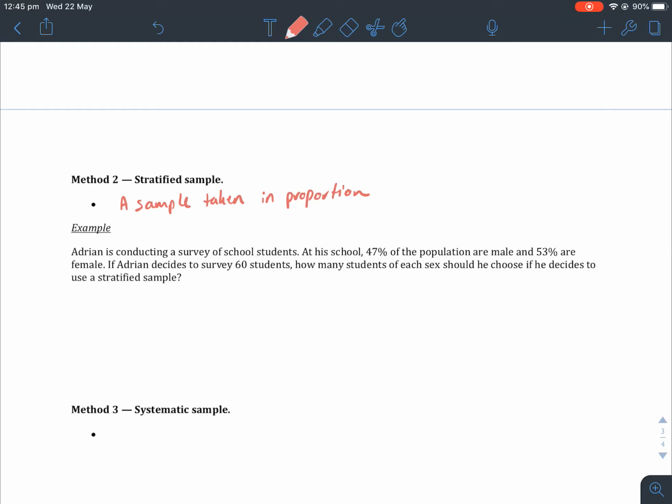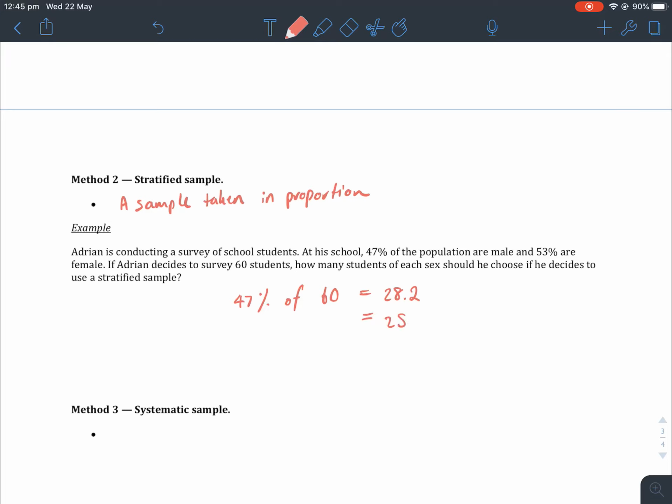Well, he needs to survey 47% of the 60 should be boys. So putting that in your calculator, 0.47 times 60, 28.2.